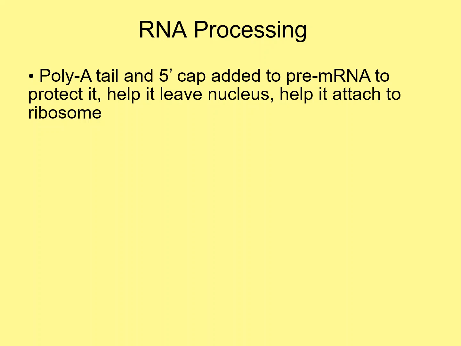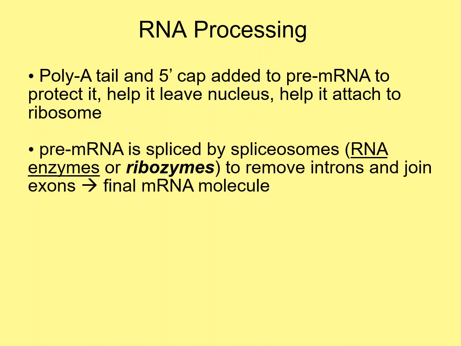Our pre-mRNA molecule then gets a poly A tail added onto one end, that's the back end. It gets the 5' cap added onto, as the name implies, the 5' end. All of those things help get the RNA out of the nucleus, help it attach to the ribosome, and help protect it from those hydrolytic enzymes floating around in the cytosol, wanting to essentially break it down and destroy it.